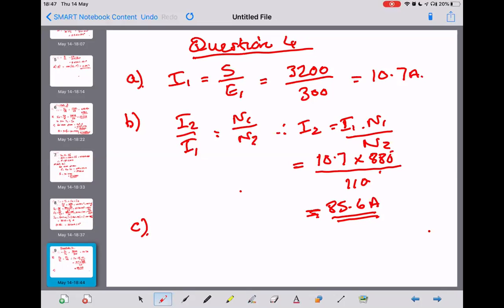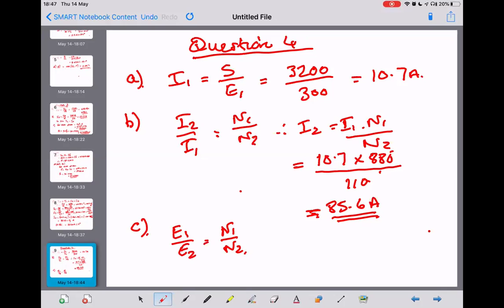C. Right. Okay. So I've then used the formula E1 over E2 is equal to N1 over N2. And again, here I felt it was best to use N rather than the calculated I's because they're values that were given to you.